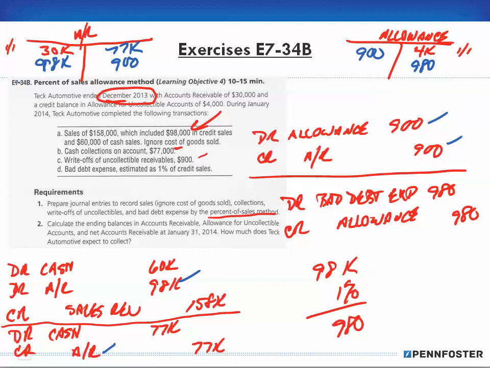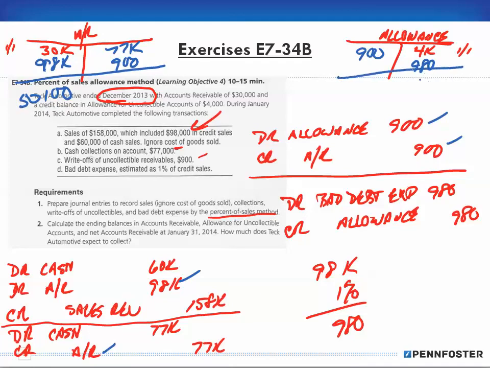So now I need the balance. 30,000 and 98,000 is 128,000 less 77,000 gives me 51,000 less 900 gives me a debit balance of 50,100.